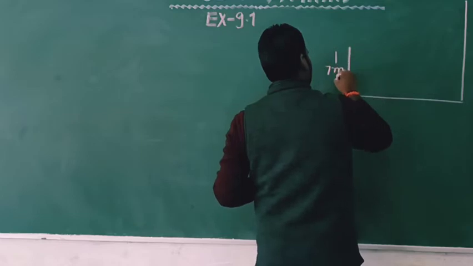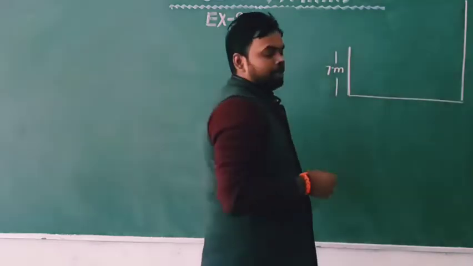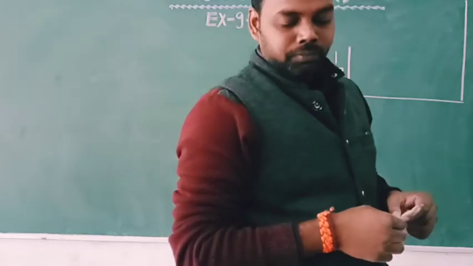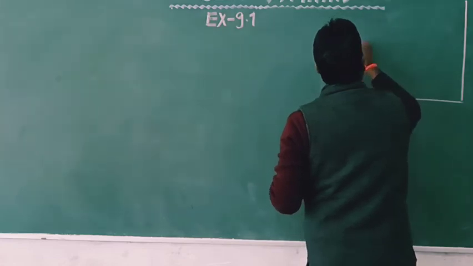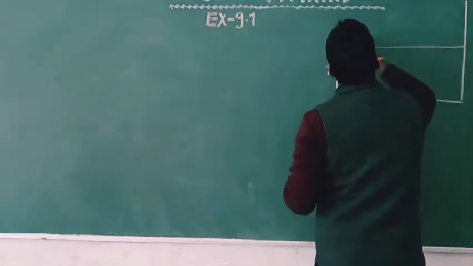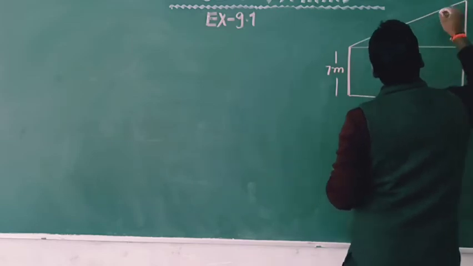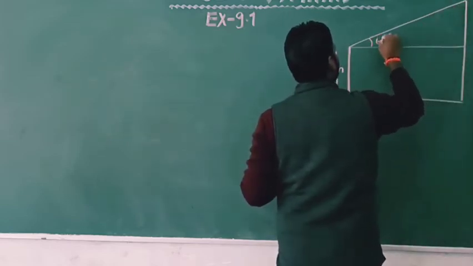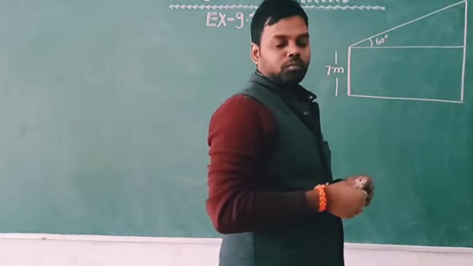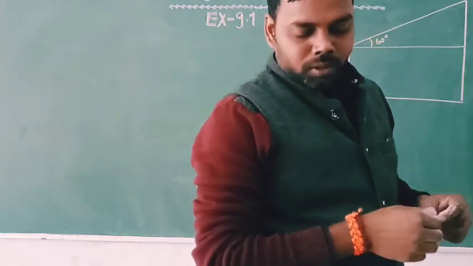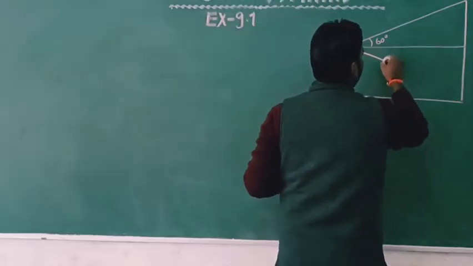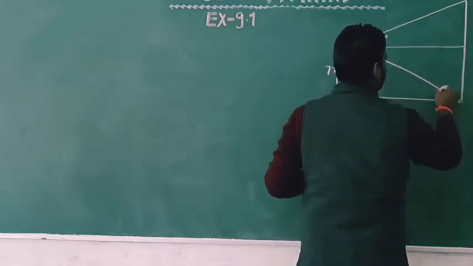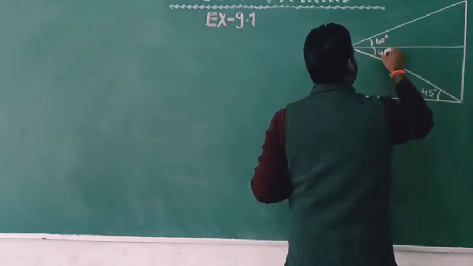So from the 7 meter high building, the angle of elevation of the top of the cable tower is 60 degrees, and the angle of depression of the foot is 45 degrees.